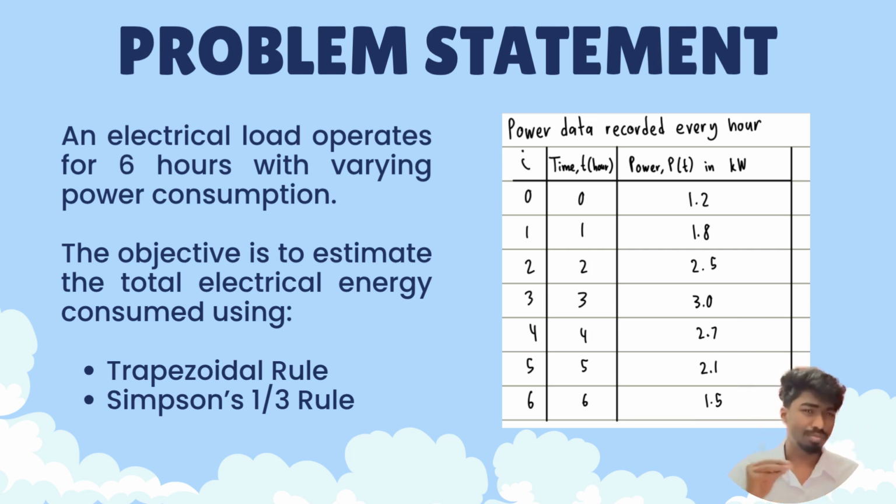Our main objective for this project is to take this discrete data and estimate the total electrical energy consumed over the entire duration using two numerical methods, the trapezoidal rule and Simpson's 1/3 rule, and compare their performance. That's all from my side.